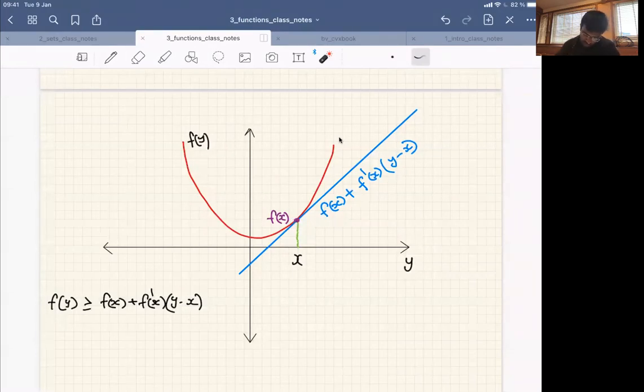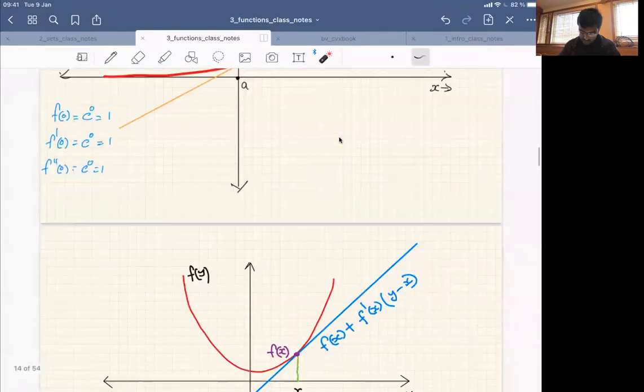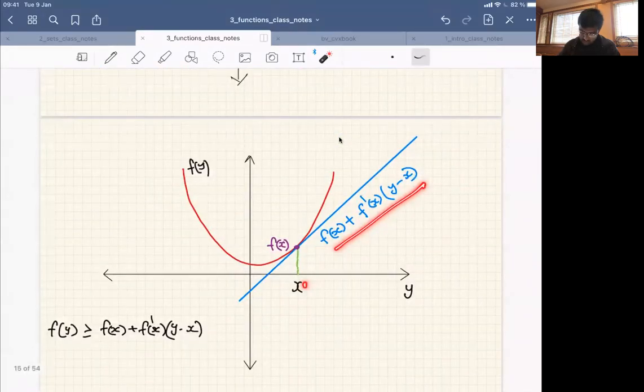Now I will take a first order approximation of this function evaluated at x. That will be f of x, like how we said here f of a, instead of a we are considering x here, plus first derivative into y minus x.